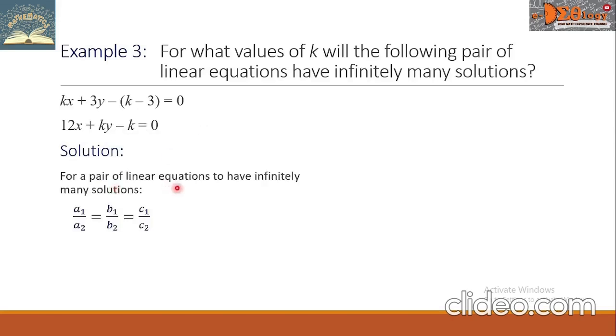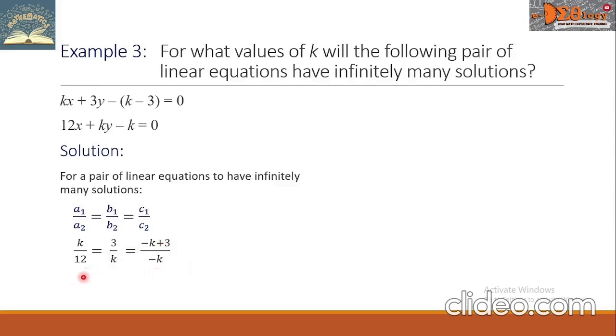For a pair of linear equations to have infinitely many solutions, the ratio a sub 1 over a sub 2 equals b sub 1 over b sub 2 equals c sub 1 over c sub 2. Let us substitute the corresponding values from our given linear equations. So we have k over 12 equals 3 over k equals negative (k minus 3) over negative k.